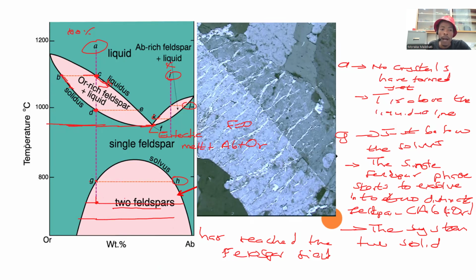So now, if we check over here, we notice something that is very interesting. We see this Carlsbad twinning.